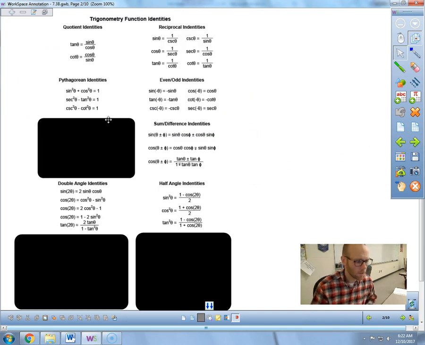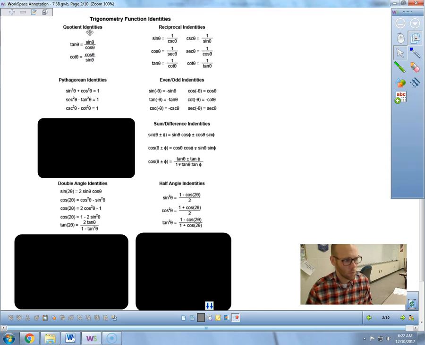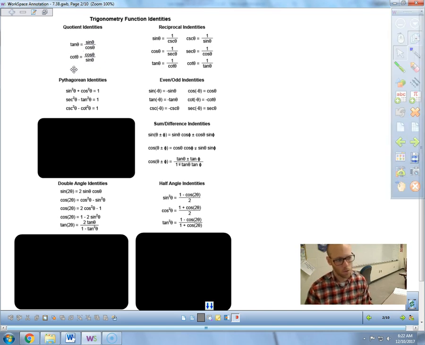So I just grabbed a little trig identity sheet here, and these are all the identities that we should already have. We've got our quotient identities for tangent, sine over cosine, and cotangent is going to be the reciprocal. We have all the reciprocal identities. We have our Pythagorean identities. I just grabbed this offline, so the second and third one may look a little different than what we wrote when we talked about them the first time, but that's okay.